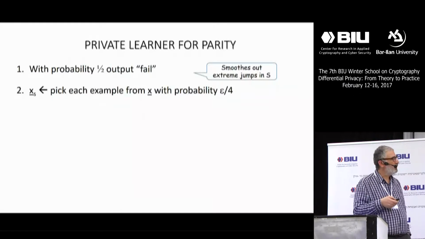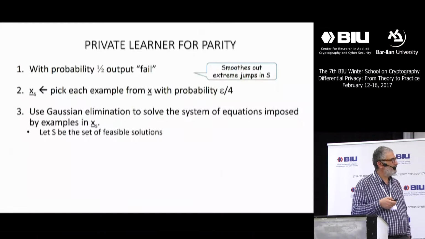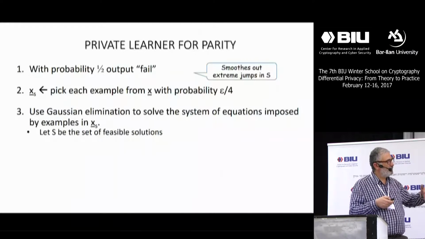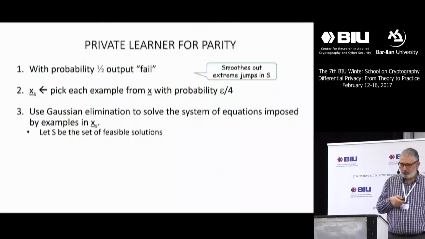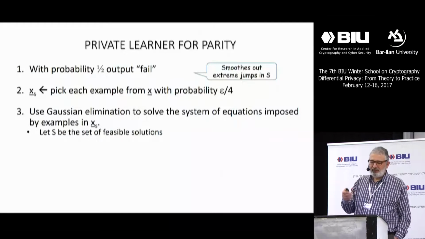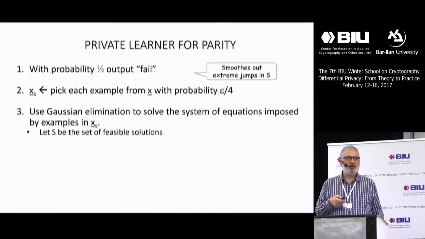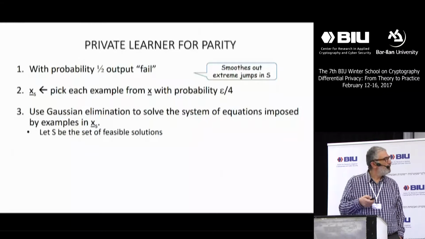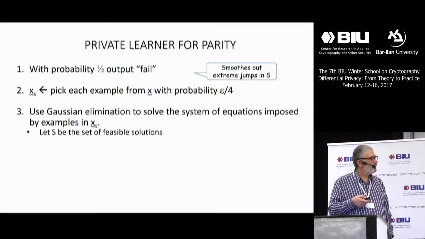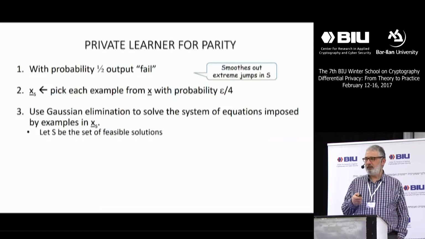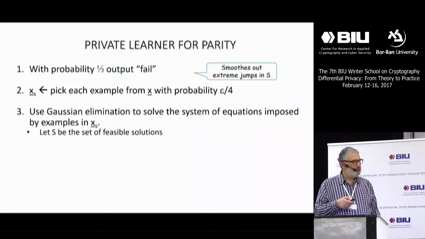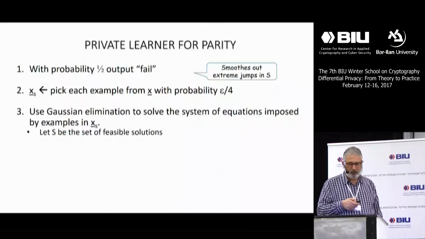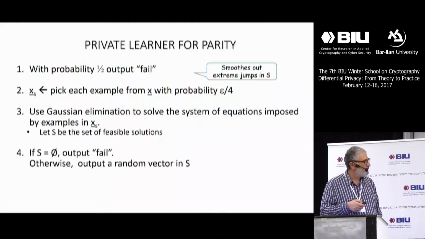So we pick each one at random to be in our set with probability epsilon over 4. Then we look at the resulting set of constraints and use Gaussian elimination. So we reduce the effect of these constraints that cause the algorithm to fail. It says we will fail anyway with high probability. And then we also reduce the effect of every sample on the outcome.